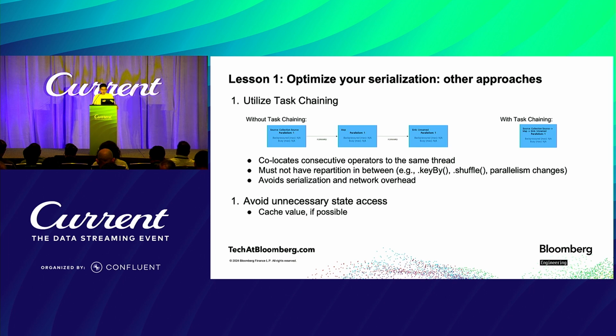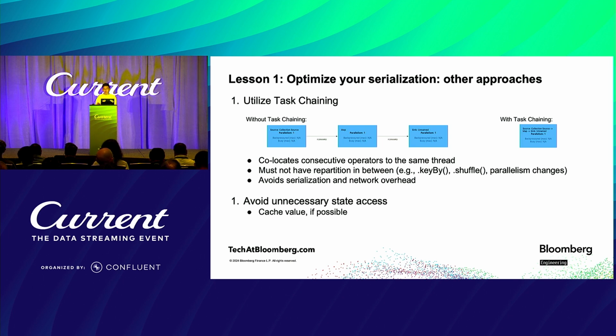Besides choosing the efficient serializers to do the serialization for us in our application, there are a couple of other approaches that we can take to also optimize the serialization in our application. One of the ways is to utilize task chaining as much as possible. Task chaining is an optimization in our Flink application that means we're co-locating two operators together onto the same thread.